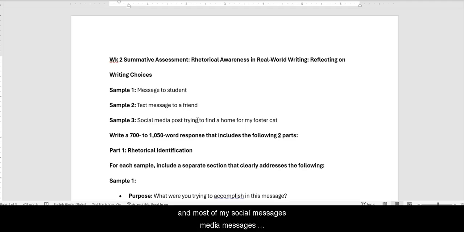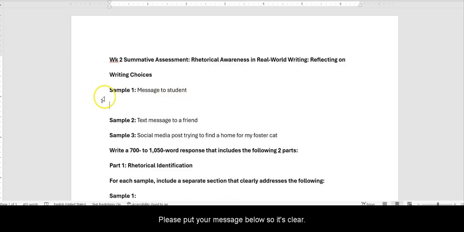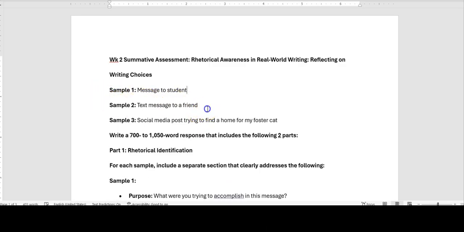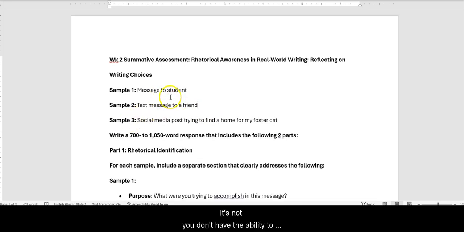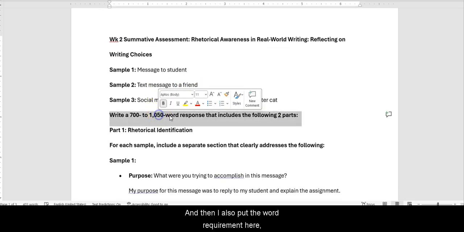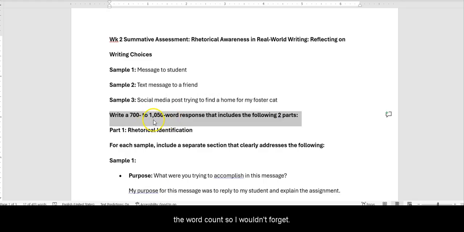And most of my social media messages are about my fostering and rescuing. So please put your message below so it's clear. You just have to paste them in or write them if you don't have the ability to copy and paste it. And then I also put the word requirement here, the word count, so I wouldn't forget.